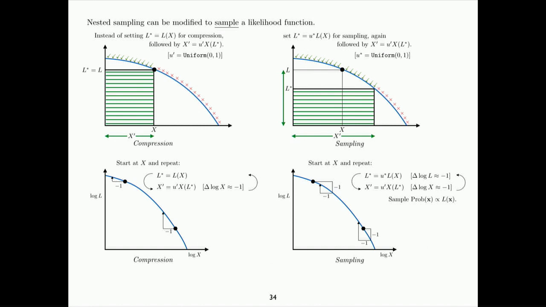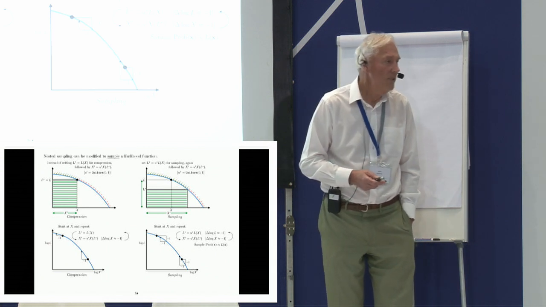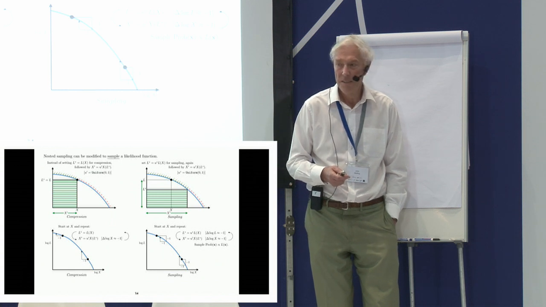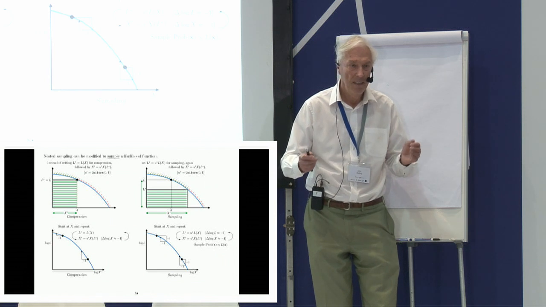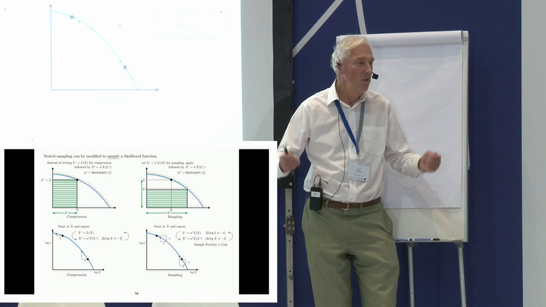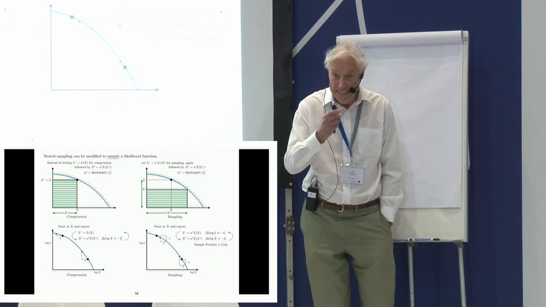So the same programs that you have been writing to get the posterior distribution will also give you the evidence value. You get two, literally for the price of one. Both halves of your Bayesian inference, evidence and posterior, come out from the same program that you already know how to do. That's neat.